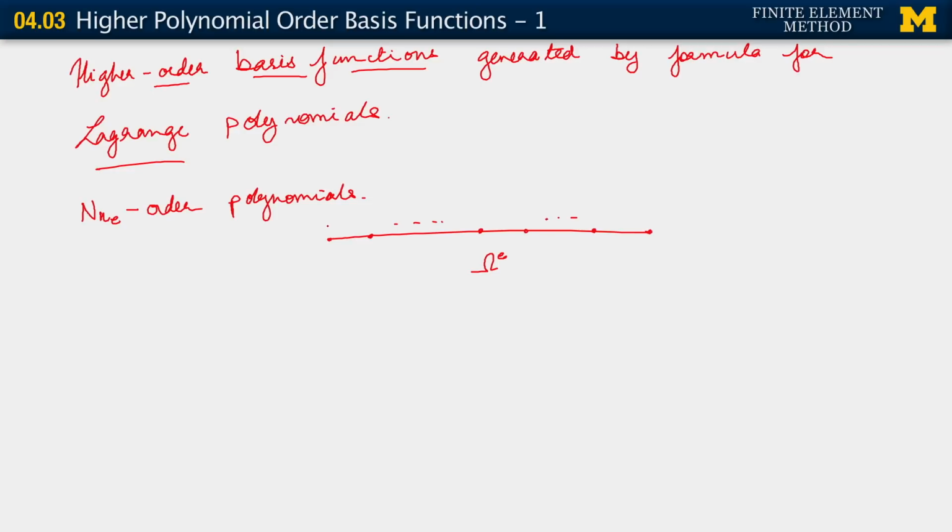The local node numbering here would be local node 1, and that would be local node number NNE. This is the sort of situation we're looking at.